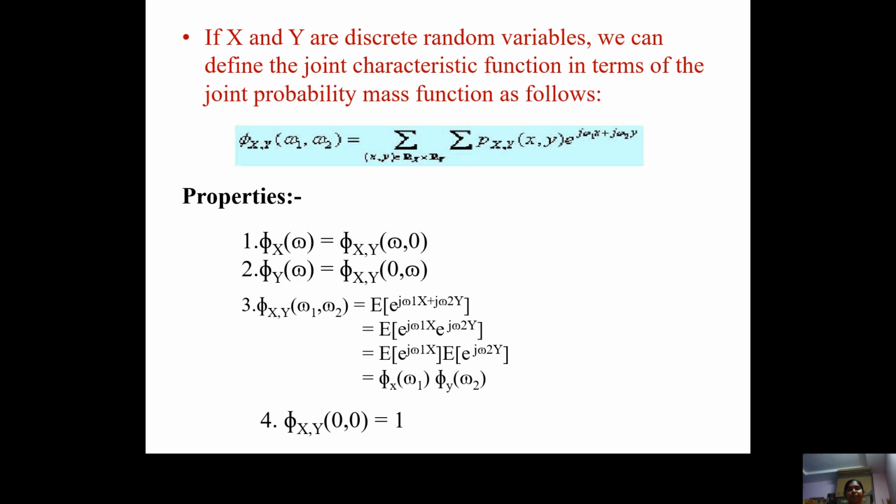Here we can write this as the expectation of e power j omega 1 x times the expectation of e power j omega 2 y.